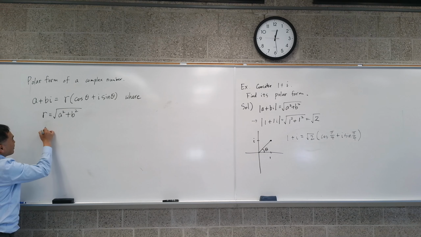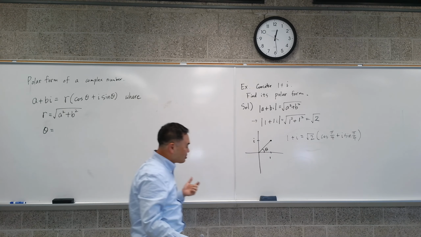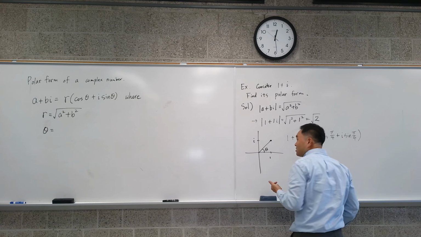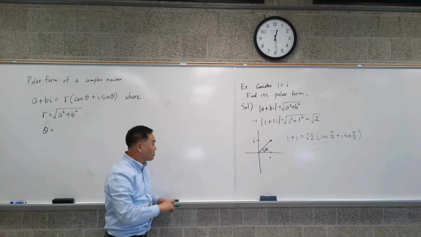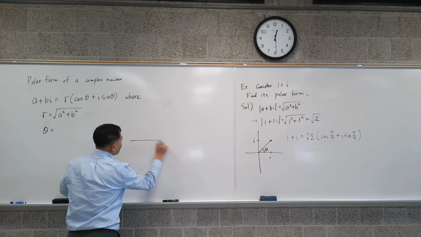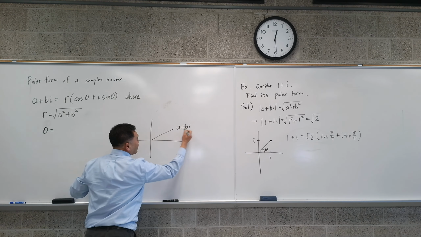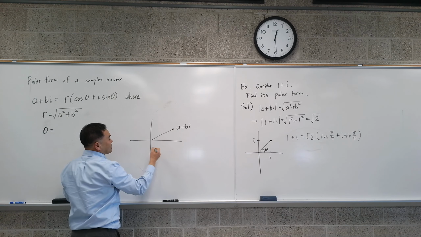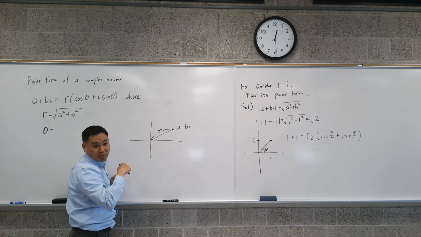And then theta, we actually did this in almost like the first class or the second class. The theta tells you the direction, right? So what do I mean when I have a plus bi and I'm rewriting in terms of r and theta? r would be this length, that's the magnitude of the vector, right?